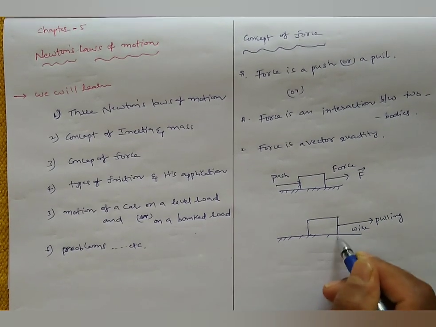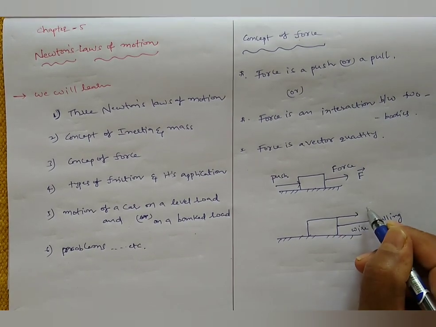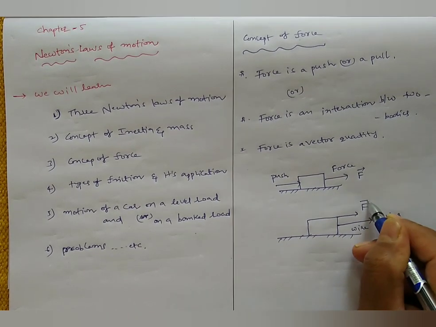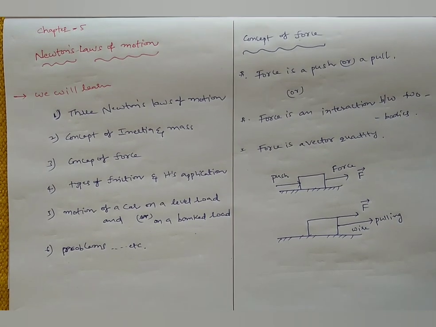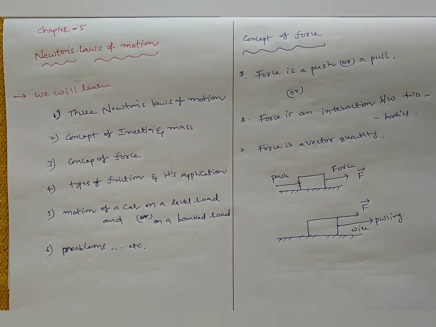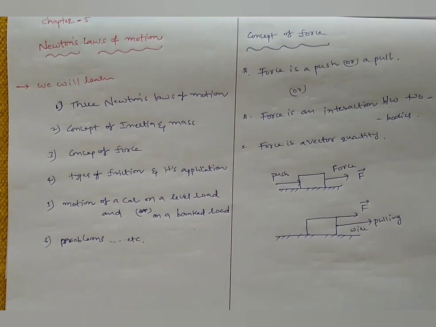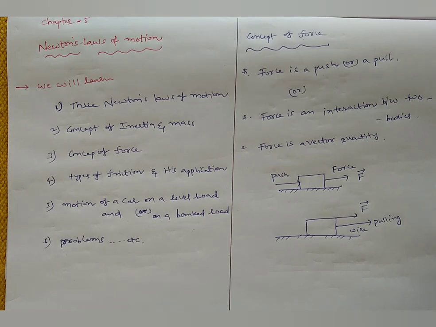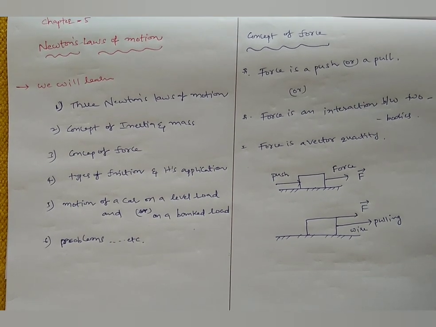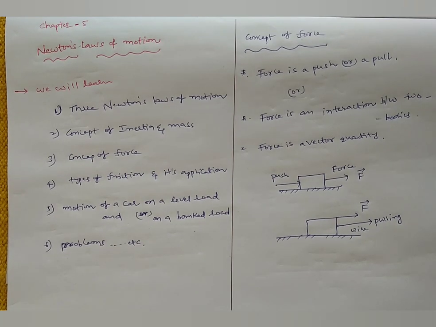So this is the floor. Then this body will move in this direction, and the force direction is also in the direction of the pulling. So like that here we will apply the forces by means of pulling and pushing.